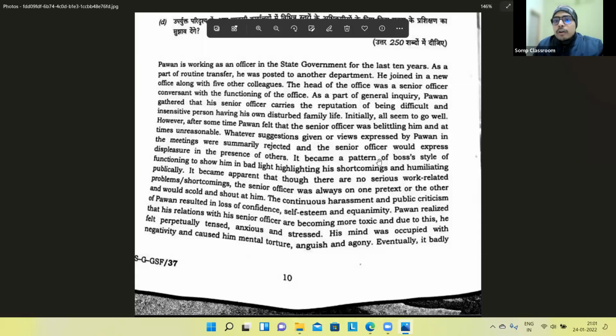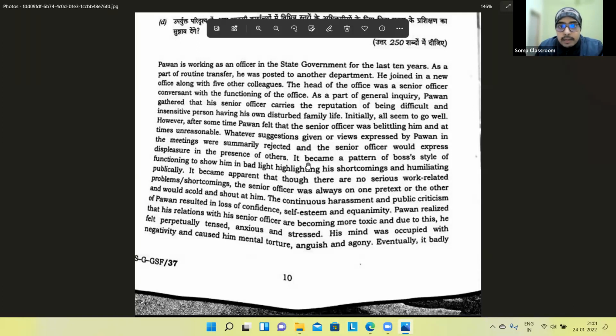It became a pattern of the boss's style of functioning to show him in a bad light, highlighting his shortcomings and humiliating him publicly. Okay, so it might be a case that his reasons are there and he is able to show people that yes, he is wrong, that it might be a wrong on the part of the receiver, that is our Pawan.